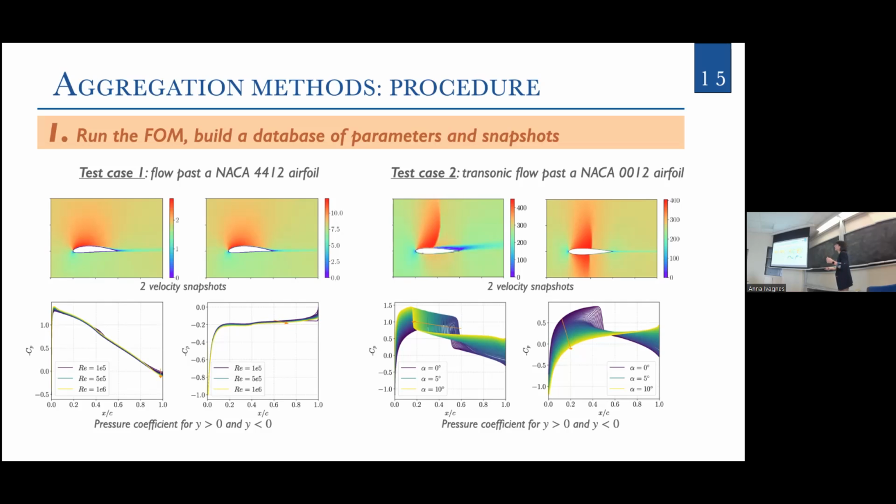So you see that basically here they are all close, so there is not so much difference among all the snapshots. But here there is a lot of difference among all the snapshots. You see that this discontinuity here, that is exactly the shock position, varies a lot. And yeah, this introduces, of course, difficulties, complexity in the problem.